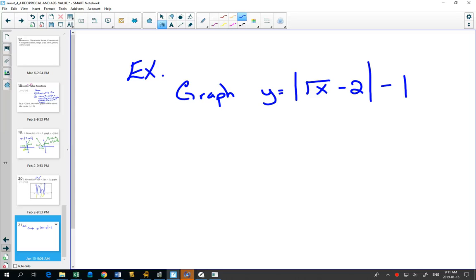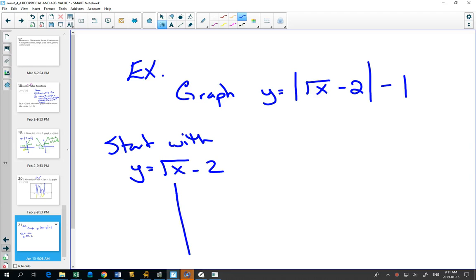So we're going to start with just graphing the inside. What does the square root of x minus 2 look like? That's my square root graph moved down 2. My square root graph normally has 0, 0. It now has 0, negative 2. It normally had 1, 1.